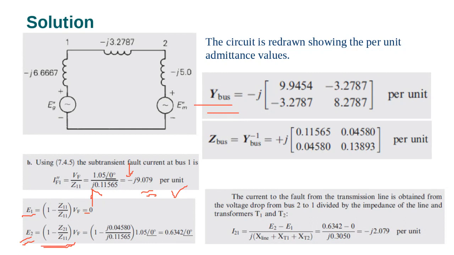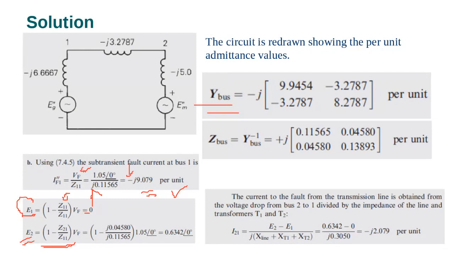Okay, and we know now how we determine the formula. For E1 we use Z11 here, so this will become 0, of course. E1 will be 0. Why? Because the fault happens at bus 1. And we differentiate now E from VF. This VF is not 0. VF is a pre-fault voltage.